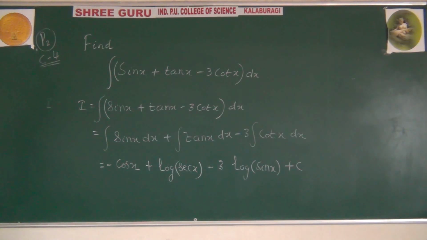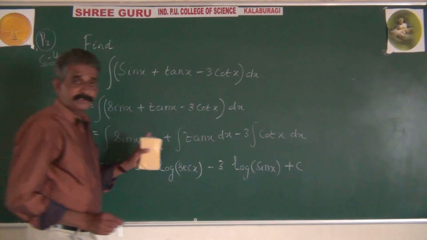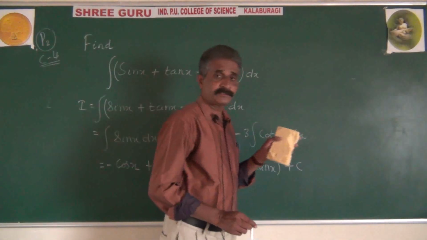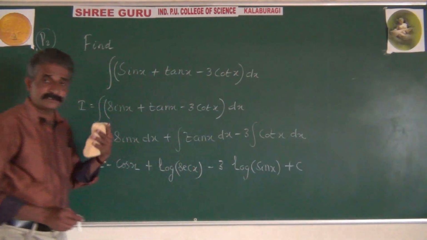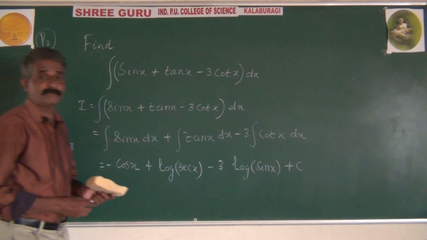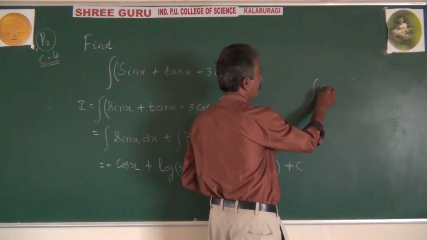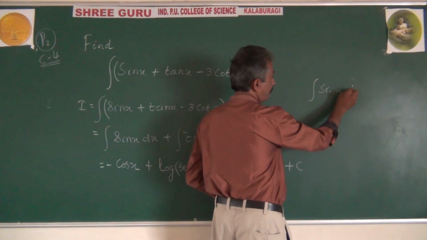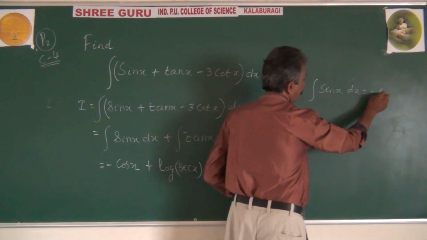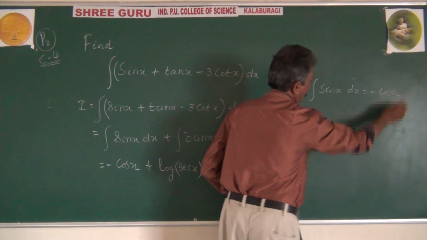And also I told in the earlier days that in integration the coefficient of x will divide, whereas in differentiation the coefficient of x will multiply. That means if it were normal integration of sin x, the answer will be minus of cos x.